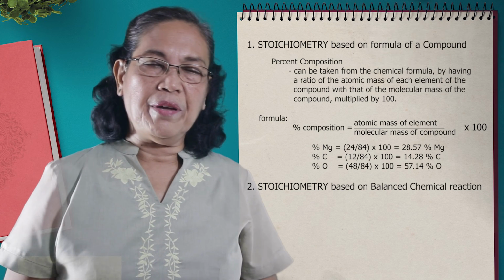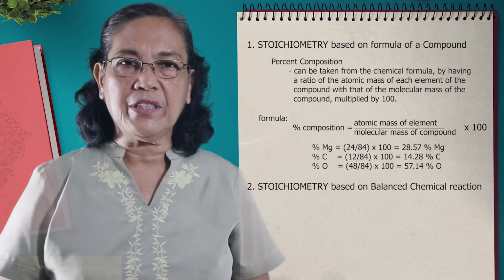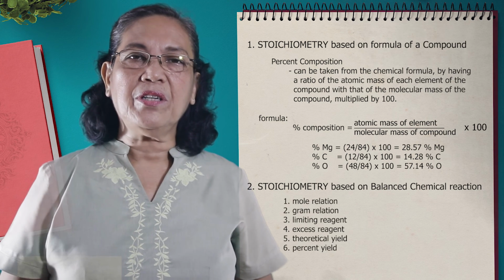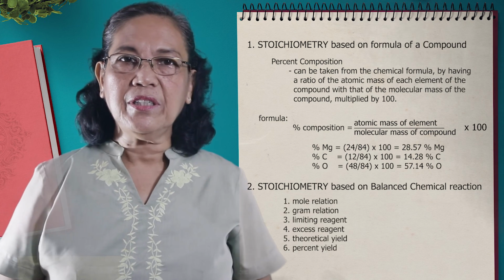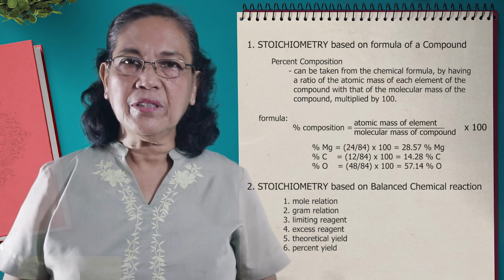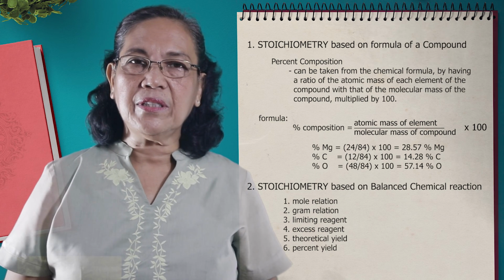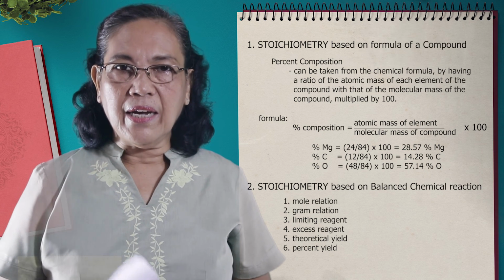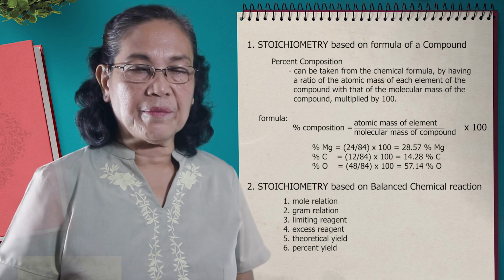In the stoichiometry based on the balanced chemical reaction, this will help us determine the mole relation, the gram relation, the limiting reagent, the excess reagent, the theoretical yield, and the percent yield.